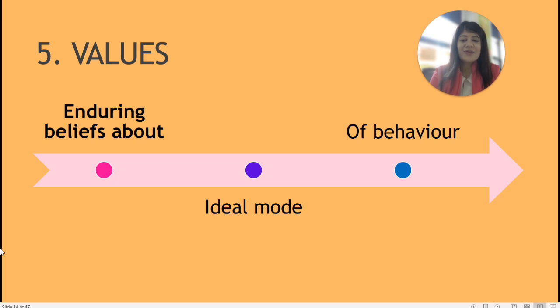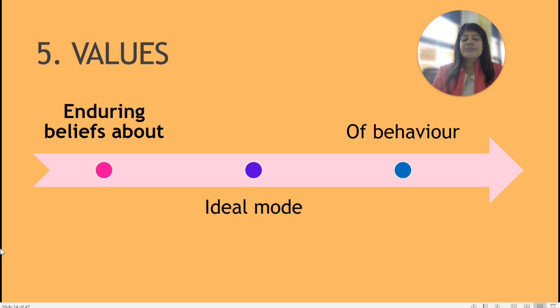Once you're done listing it out, if you look at it very carefully, you'll realize that values are those enduring beliefs about your ideal mode of behavior. You know how the society is always talking to you about the right way to behave, or the right way to be, or the right way to express yourself, or choosing the right time to speak. So some of these ideas include a lot of the right things to do, right?